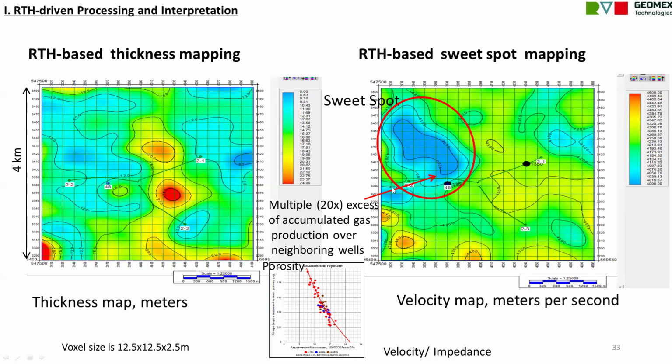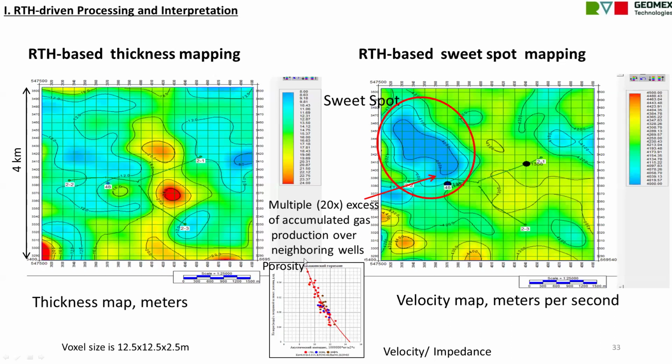And this is a velocity prediction for sweet spot purposes. The blue is the sweet spot because it concerns the porosity, velocity porosity, and multiple, more than 20 times excess of accumulation gains.